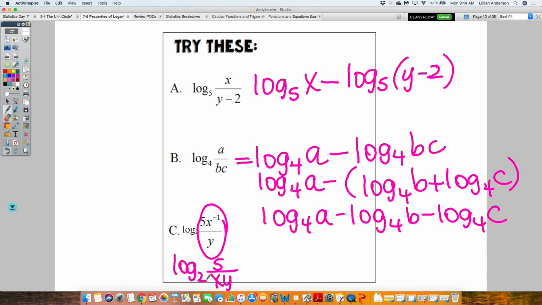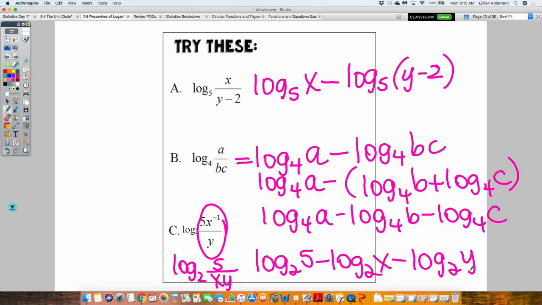This becomes log base 2 of 5 over xy. Okay, so be careful. Okay? Questions? All right, last one.